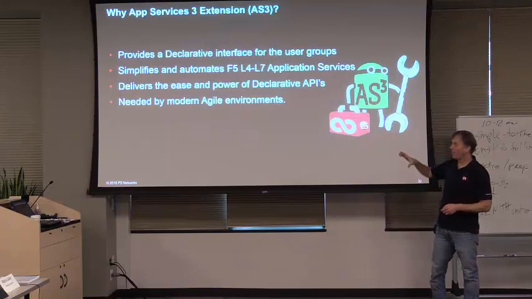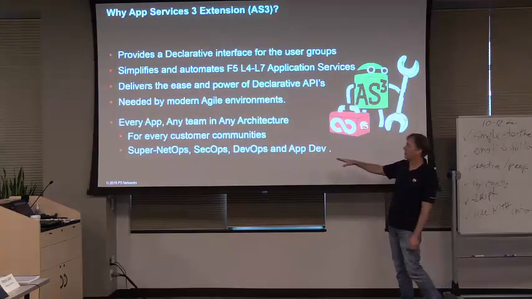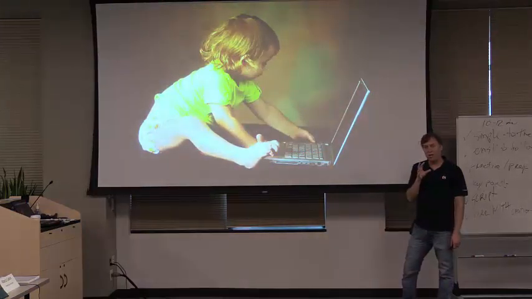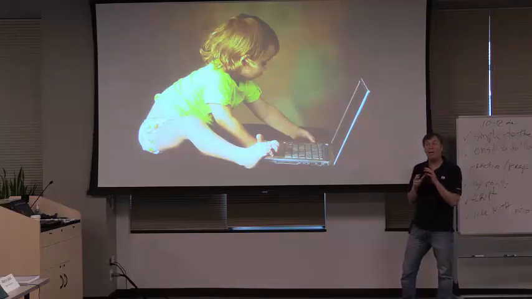The best way to describe it, as we've already talked about, is we're trying to give these DevOps communities an easy way to build their apps, right? So that anybody could do it. This is probably a little bit of an exaggeration. But we want to make it easy so that you don't have to have all that BIG-IP domain knowledge in order to build this stuff.